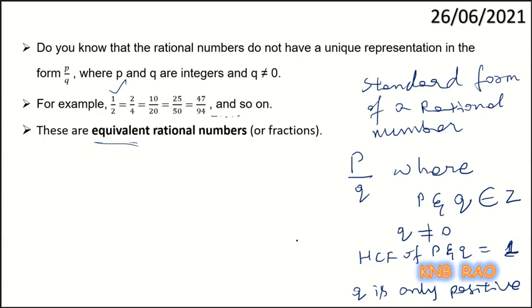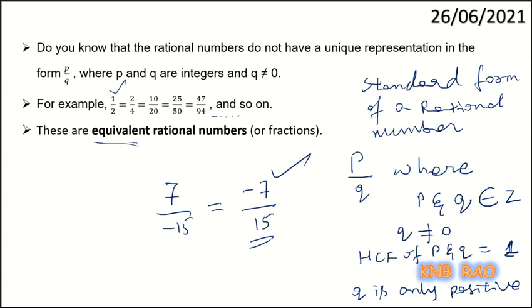And a rational number can be negative also. For example, I have written 7 by minus 15. It is not in standard form because the denominator is negative. How to bring it to standard form? The minus sign is taken up and written as minus 7 by 15. Now, this is in standard form, and 7 by 15 cannot be further simplified.